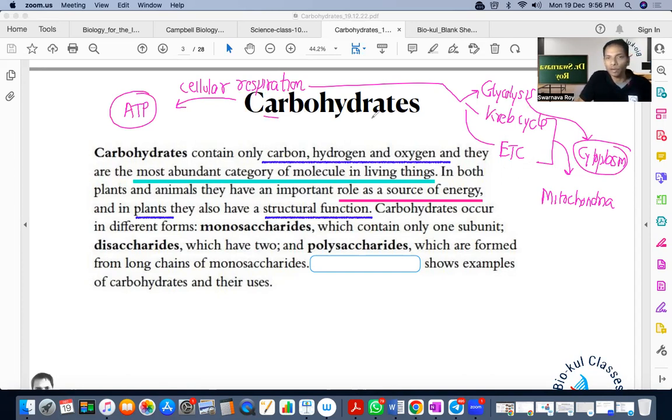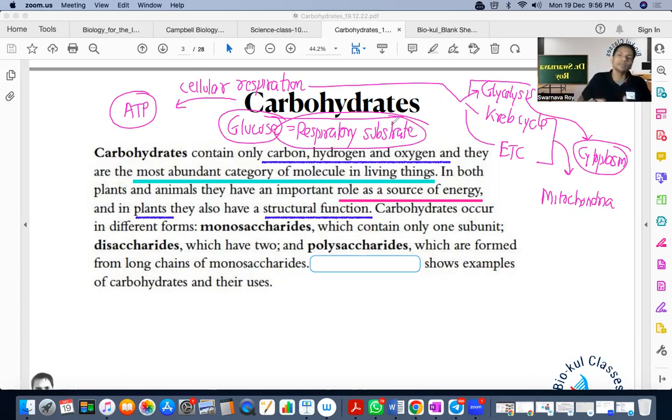Carbohydrates like glucose are known as the respiratory substrate, because glucose can be readily broken down and energy can be released. Glucose is the simplest form of carbohydrate.